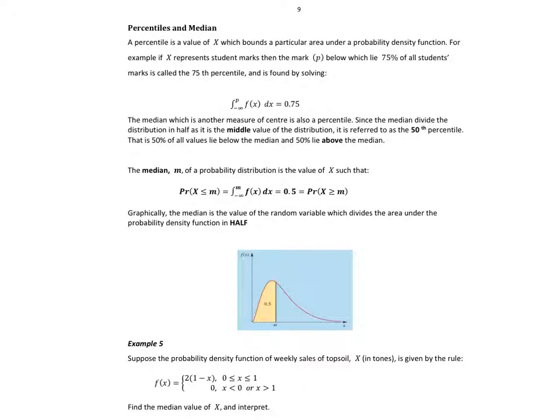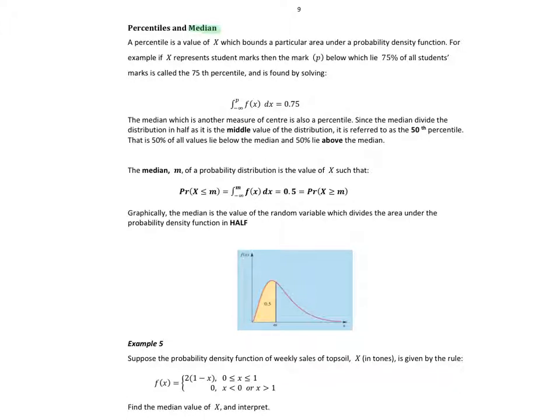Okay, so the percentiles and median just refer to, I guess, the middle of our data. The median is certainly going to be the middle of our data, as in a median strip. You may have seen it in statistics. The percentiles just refer to a particular percentage of data that fits under a certain point.